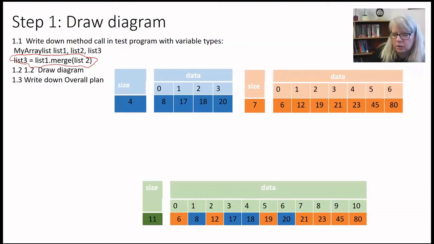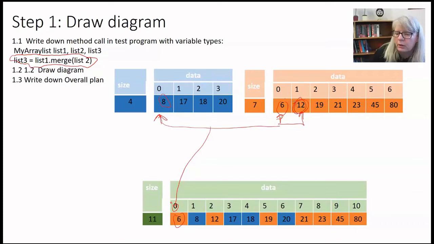More or less, you will start with a counter in each list, and then you will compare the two numbers at the counters, and you will take the smallest one and put it in the list. You will take the 8, compare it with the 6, and put the smallest one in the list. The one that you add to the list, you will increment that counter. Okay? And now you will compare the 12 to the 8.